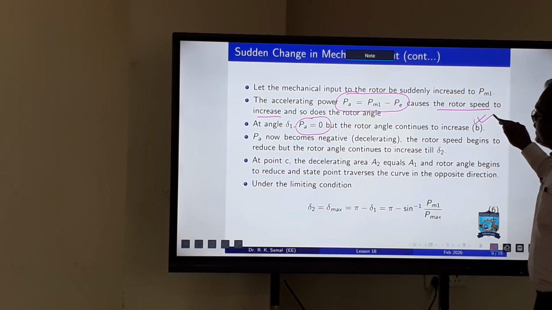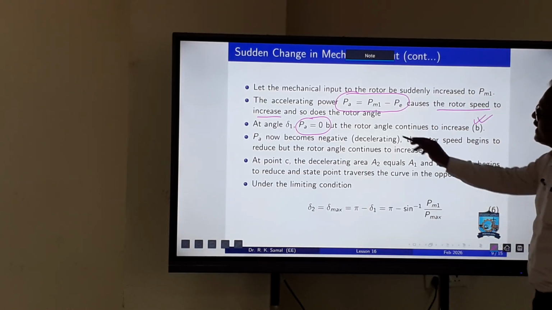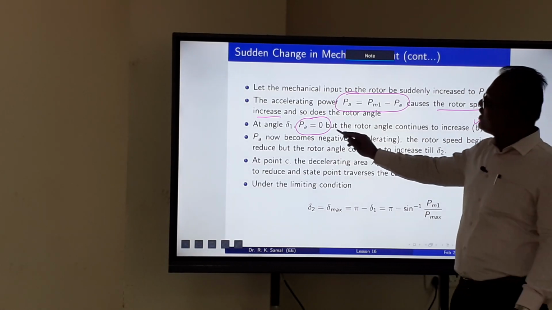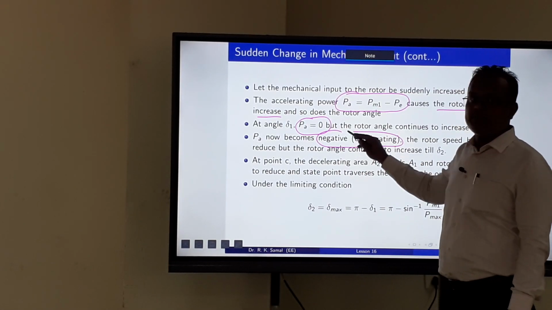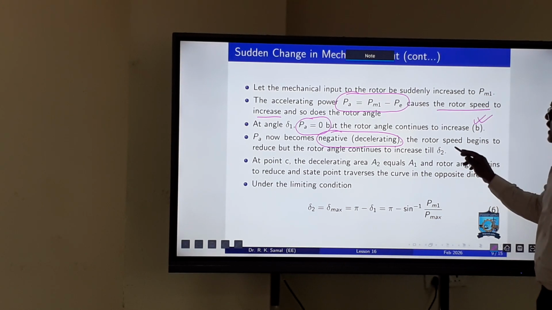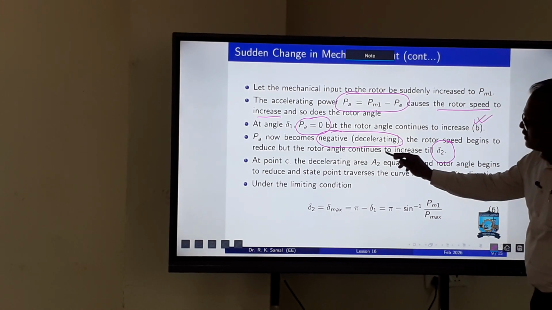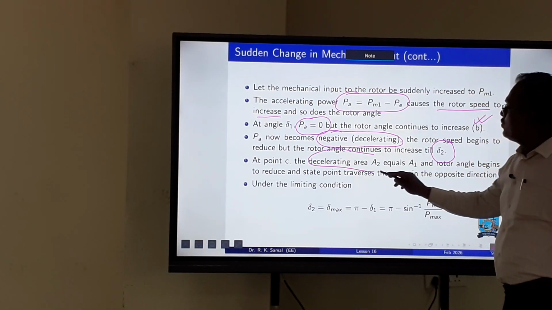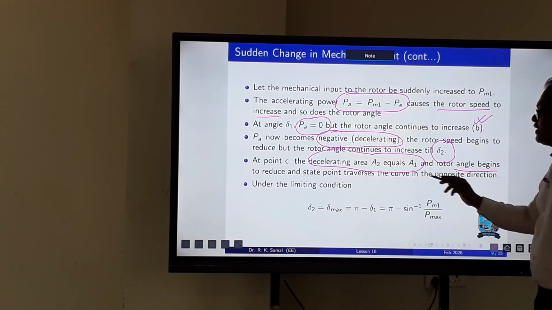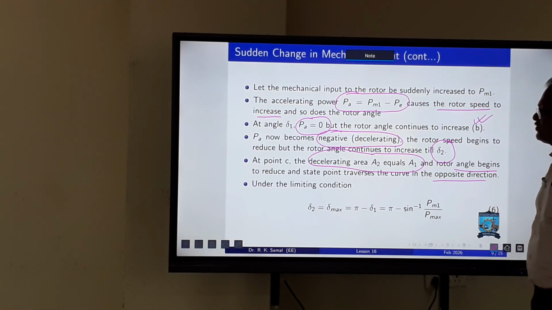So it's B. But still, the rotor angle continues to increase because of inertia. Pa now becomes negative, then the accelerating power becomes negative. The rotor speed begins to reduce, but the rotor angle continues to increase. At point C, decelerating area A2 is equal to accelerating area A1, and the rotor angle begins to reduce, and the operating point traverses the curve in the opposite direction.